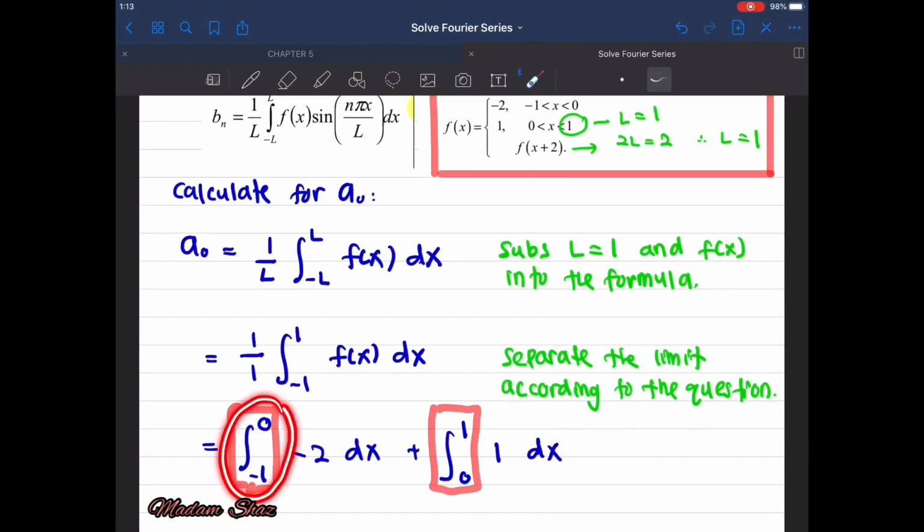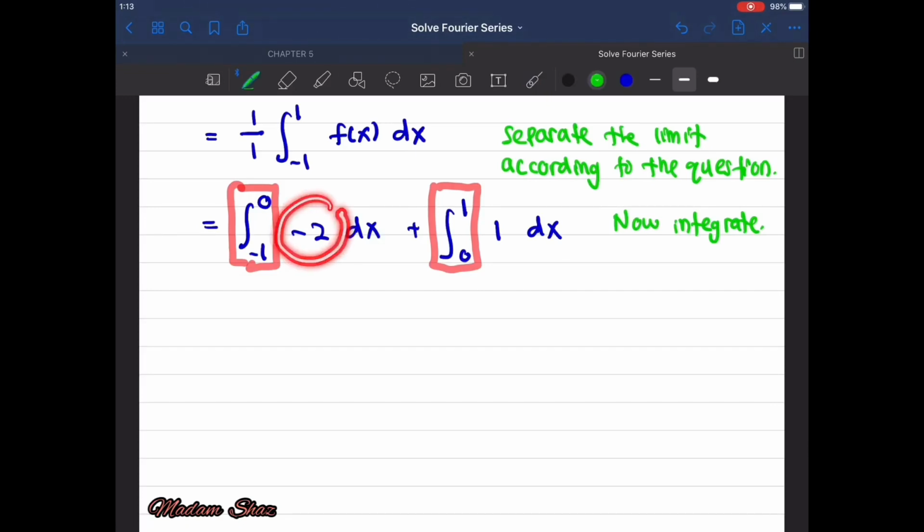The first limit from negative 1 until 0 is for the function negative 2. For the second limit from 0 until 1, your f(x) is equal to 1. The smallest value is always at the bottom side, the largest value at the upper side. So now we have to integrate negative 2 and integrate 1.